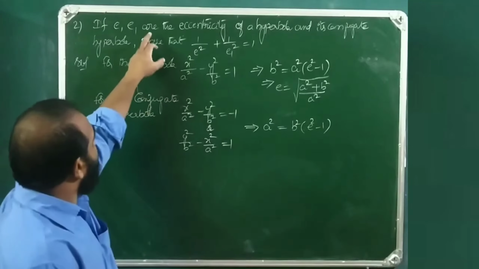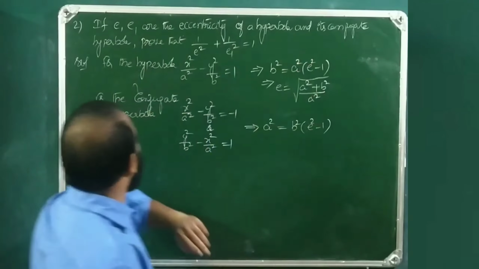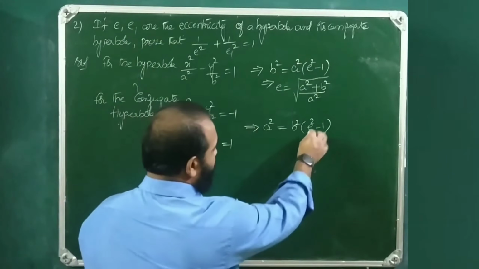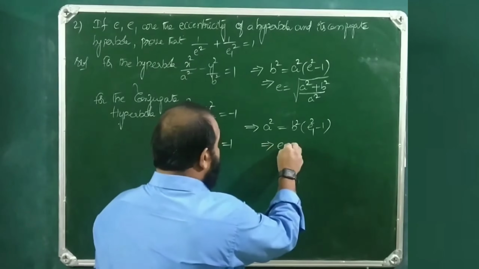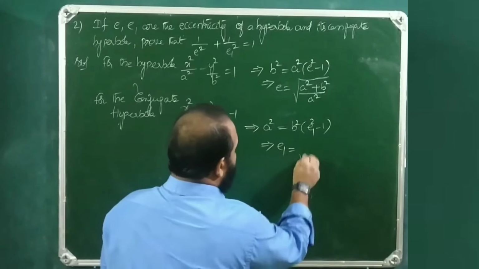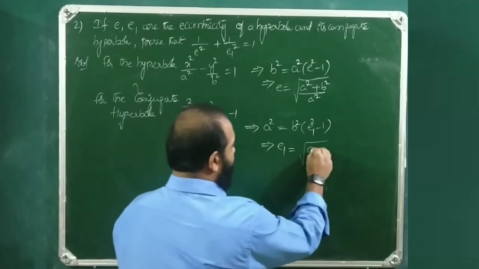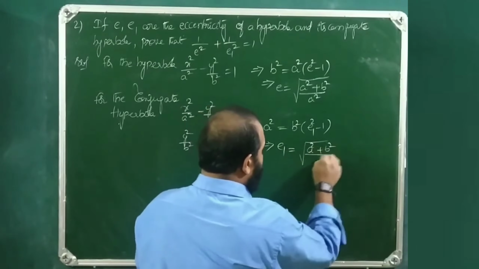But for the conjugate hyperbola, the eccentricity is e1. So this is e1 square minus 1. From this, e1 equals square root of a square plus b square by b square.